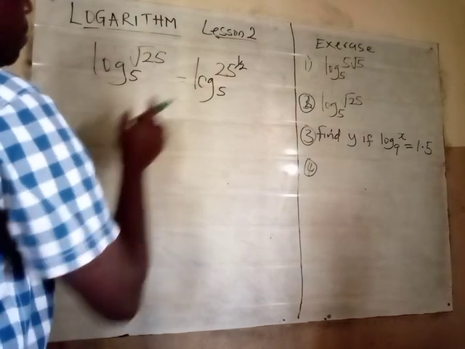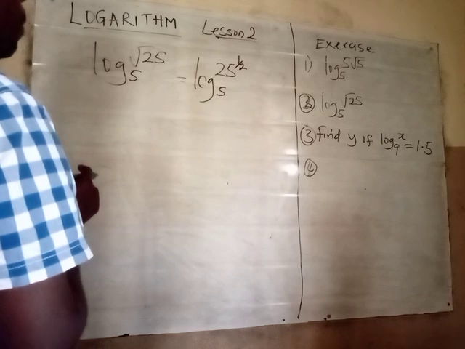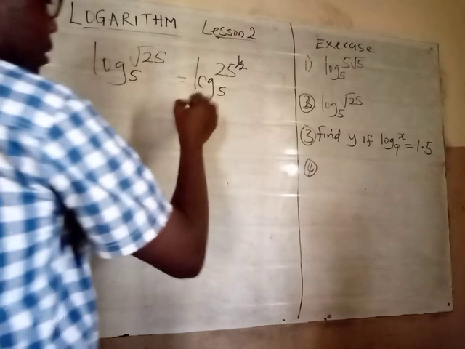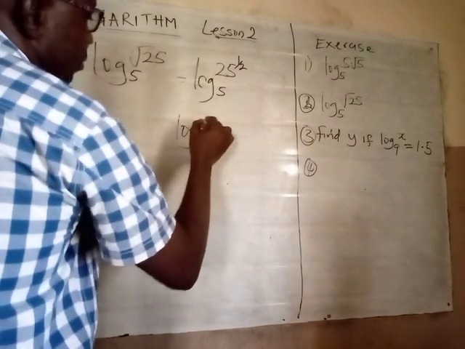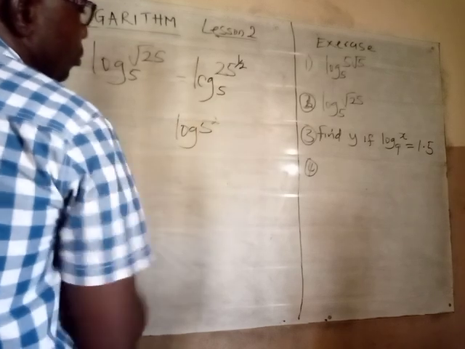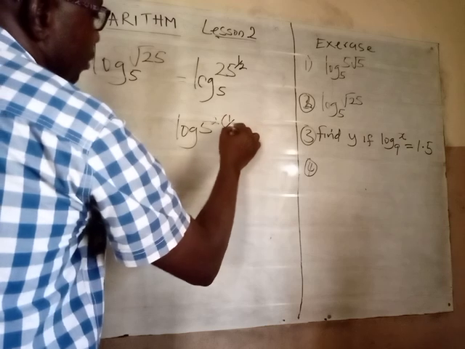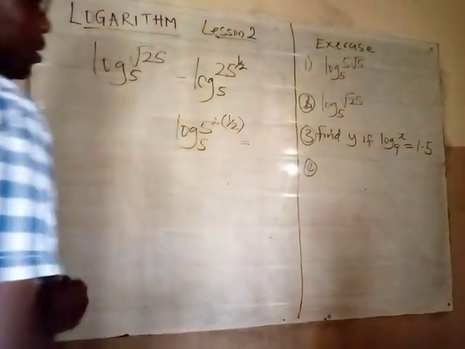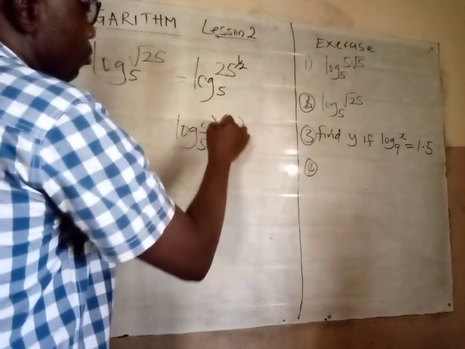There are 2 ways you can solve this. Let us use this way first. We can reduce this: 25 is the same thing as 5 raised to power 2, multiplied by 1 over 2, base 5.